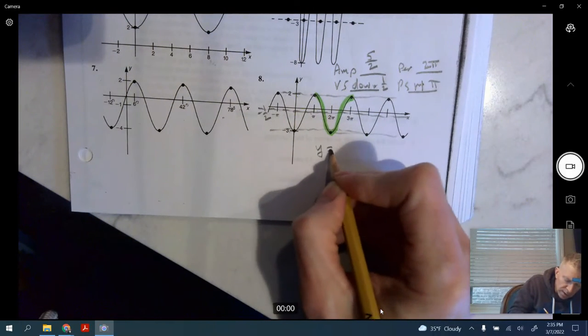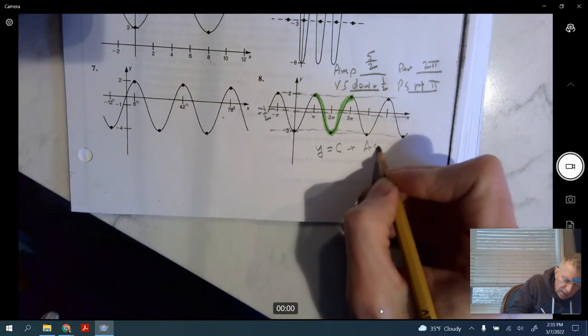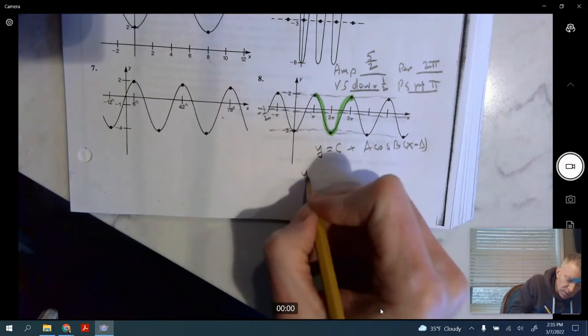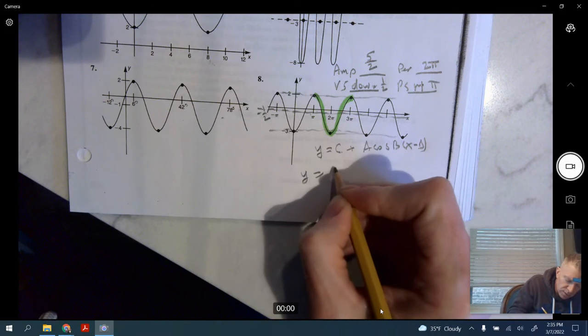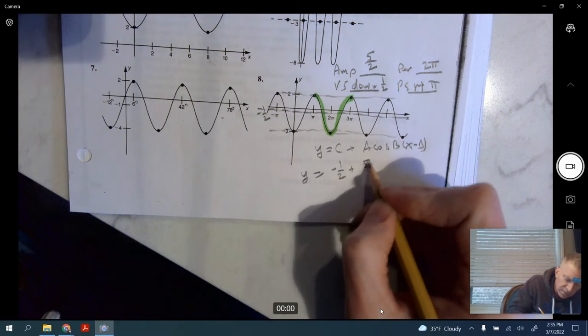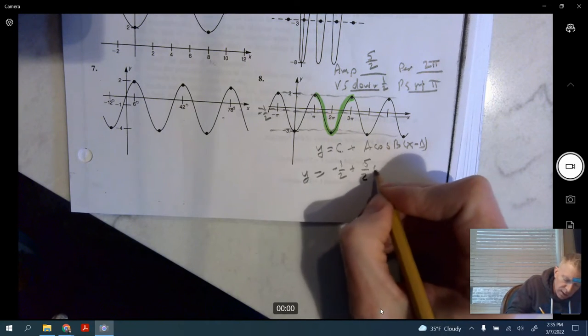Okay, so my equation, y equals c plus a cosine of b times x minus d. So that's y equals c is your vertical shift, so down 1/2, -1/2, plus my a for amplitude, 5/2, cosine.